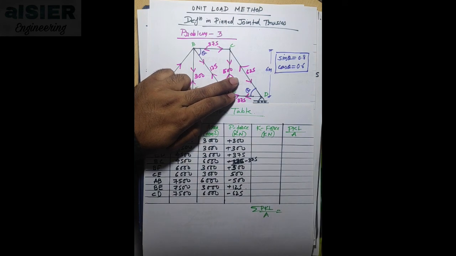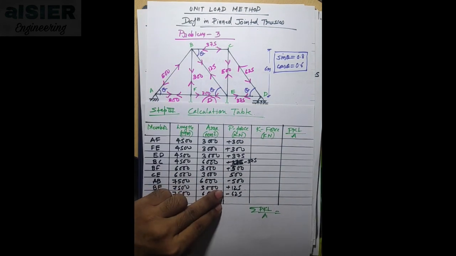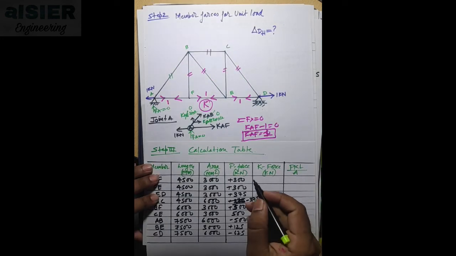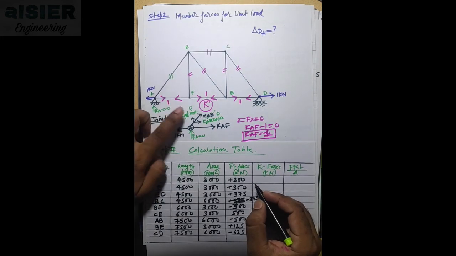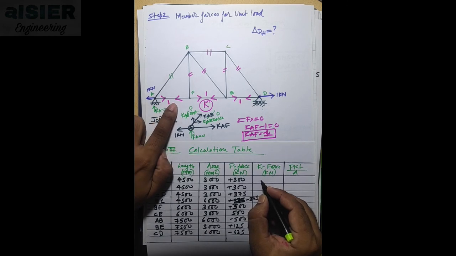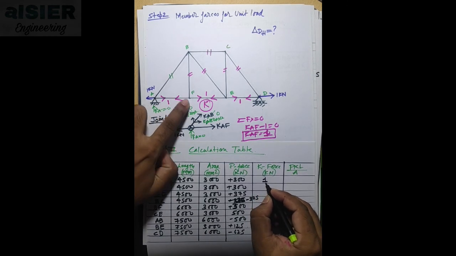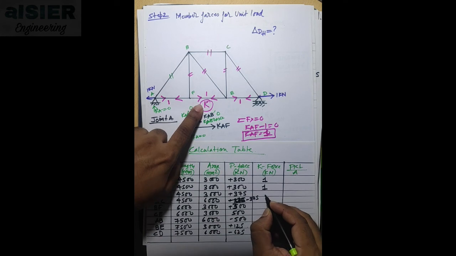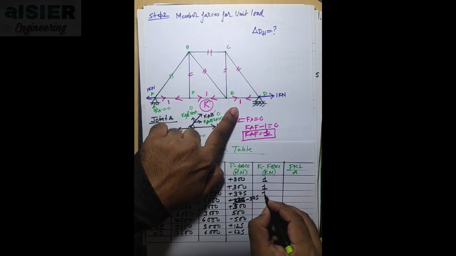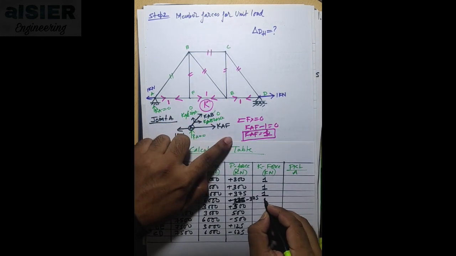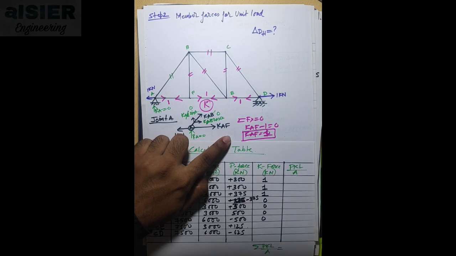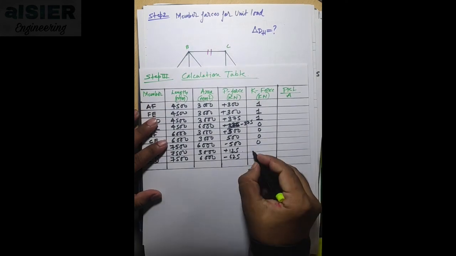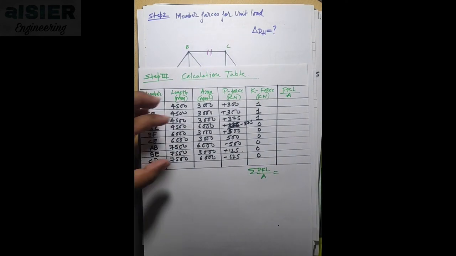Okay, so we have written all the P forces. Now we will write down K forces. For member AF it is tensile 1. Then this is again 1. This is also 1. And for all other members it is 0.